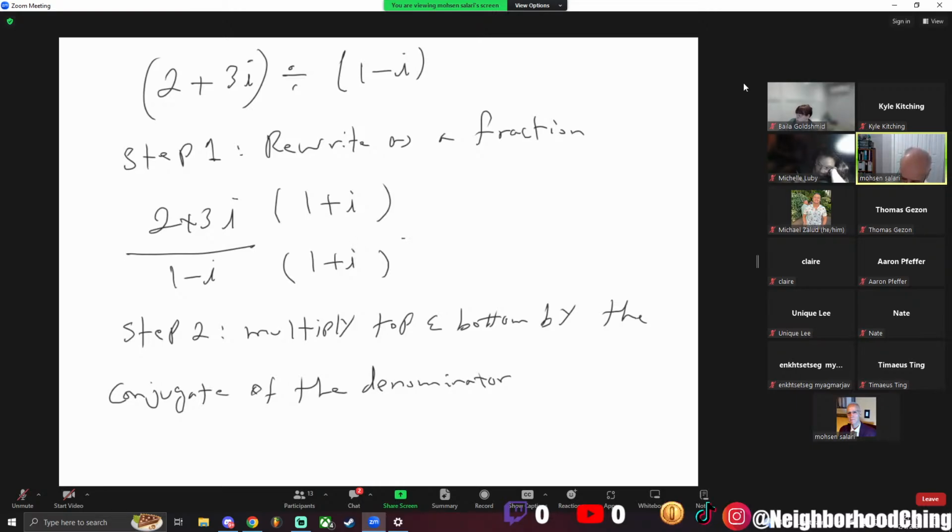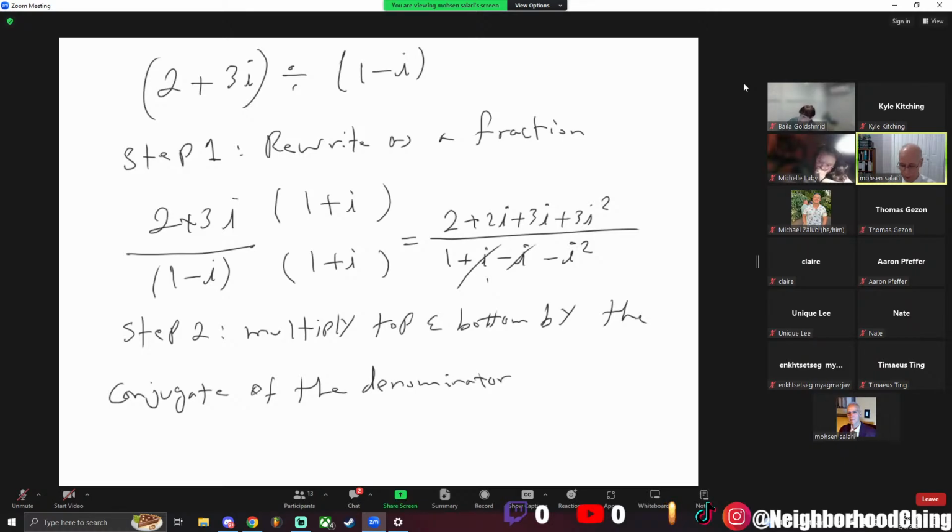So this gives me, on the top, a 2, then plus 2i, plus 3i, plus 3i squared. In the denominator, I get 1 plus i, then minus i, minus i squared. And the middle term always cancels. If not, then you have done something wrong, or I have done something wrong, because that's the nature of the conjugate.